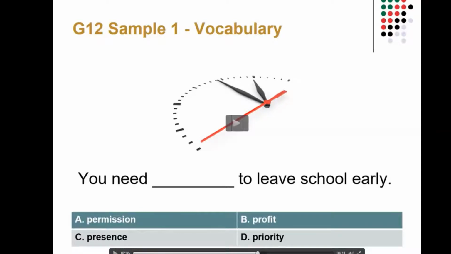I understand, but many vocabulary words are related to contexts, and this is how you build up or construct your own vocabulary bank. You need to put yourself in different contexts. For example, you need what to leave school early? The word early means this is not a normal leaving of school.